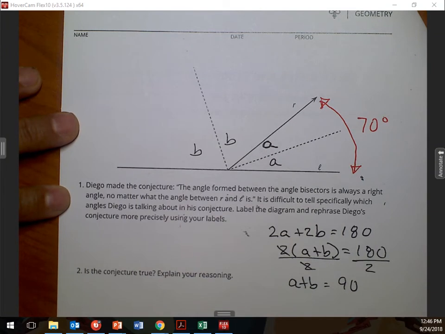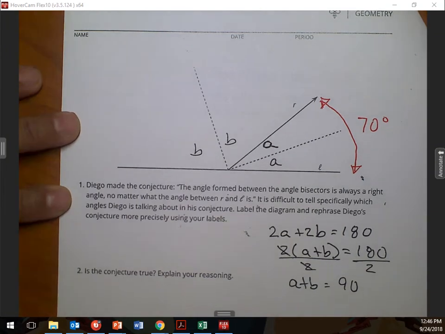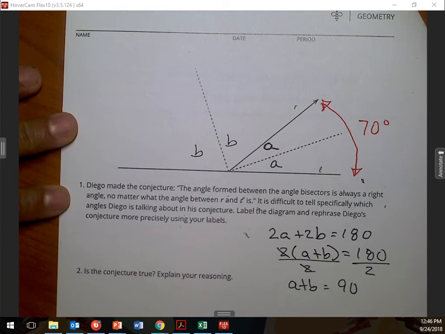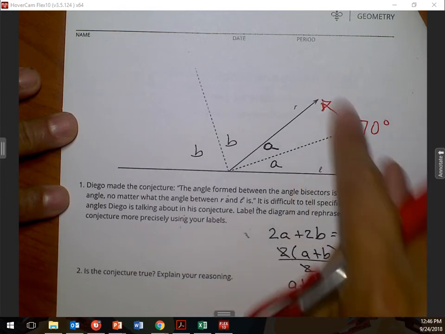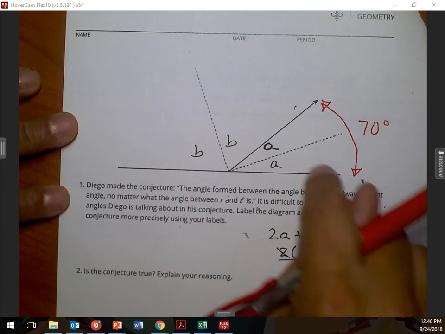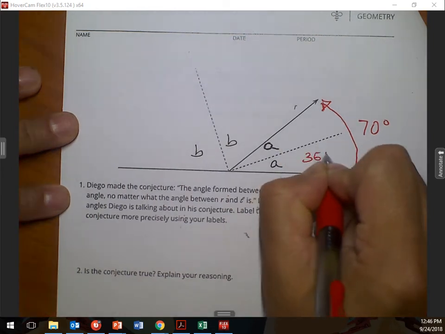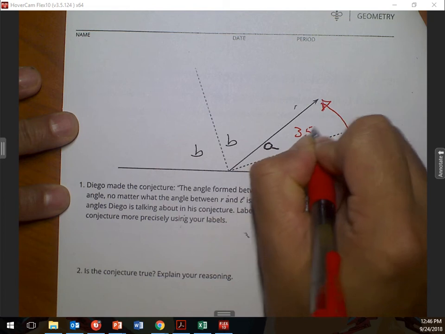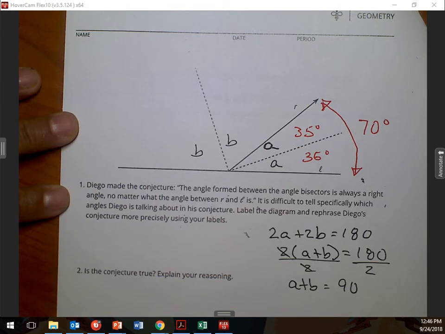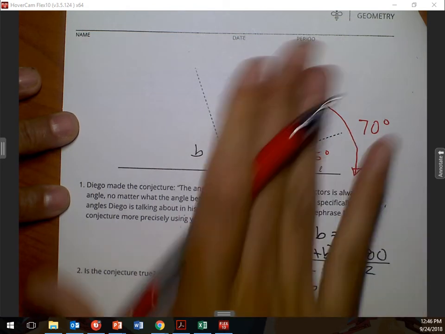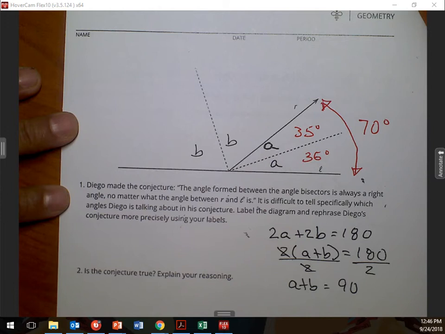So now, if the whole thing is 70, what is each side? 35. Are you guys okay with that much? Yeah.